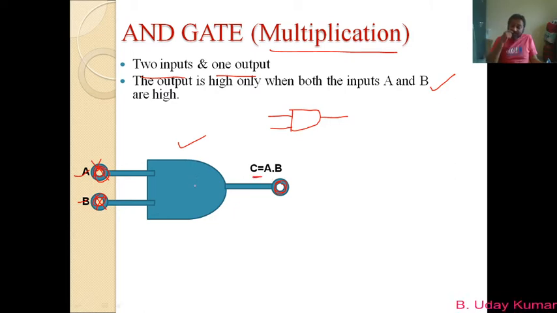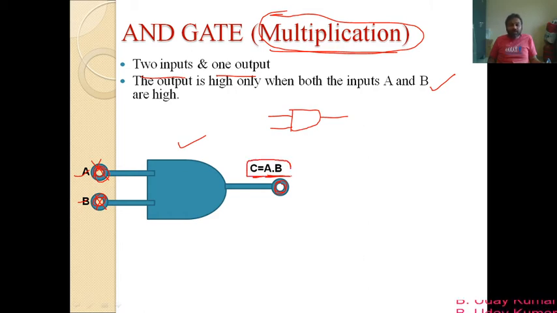In the earlier case, C was the output of OR gate, and hence it was written as A plus B. But here, since it is AND gate, whose logical function is multiplication, and mathematically that multiplication is denoted by dot, the mathematical representation of AND gate will be A dot B. The output of this AND gate is represented by A dot B. This we call the logical equation of the AND gate, where that dot is called the logical function. I hope it is clear.